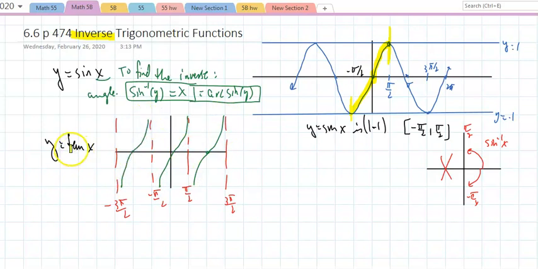Well, for me to talk about 1 to 1, it seems I need to restrict x to be between, not included, negative pi over 2 and pi over 2. So hey, I could add inverse tangent to the list.